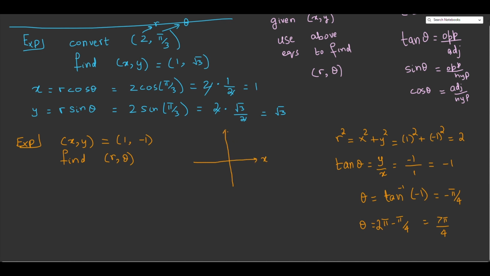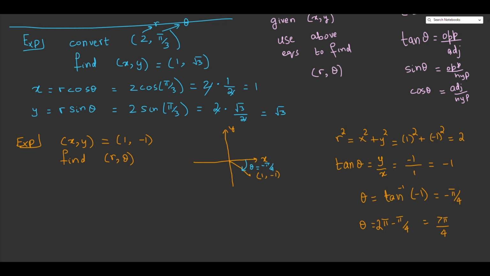In order to do this, you need to consider that this point lies here in the fourth quadrant because x is 1, y is minus 1. There are two different ways you can measure the angle. One of them is to go anti-clockwise, where theta equals minus pi by 4.